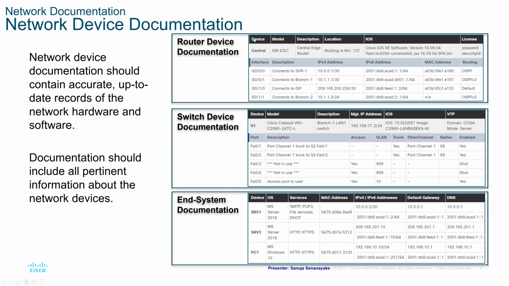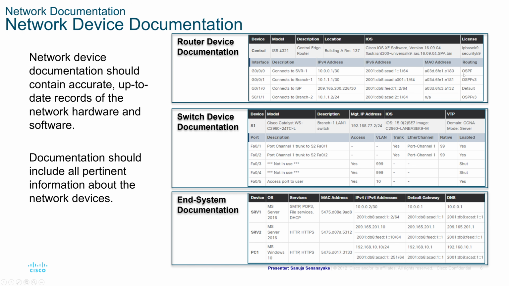And you should have the device interface information: what that interface is connected to, the IP addresses associated with it, even the IOS or the firmware versions associated with it, and the licenses and the protocols being used.